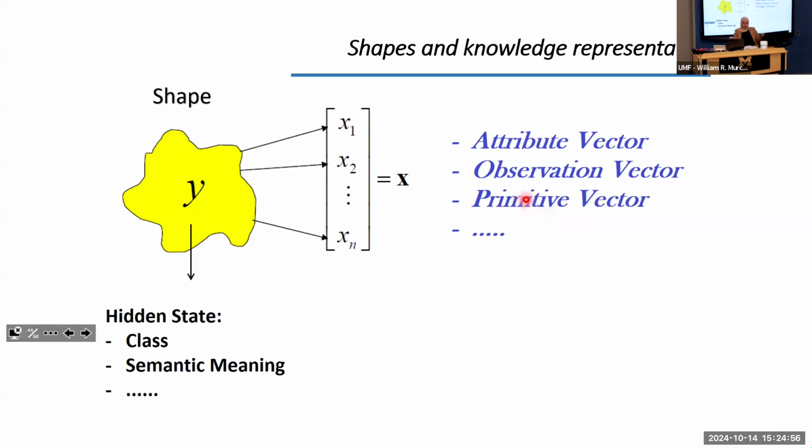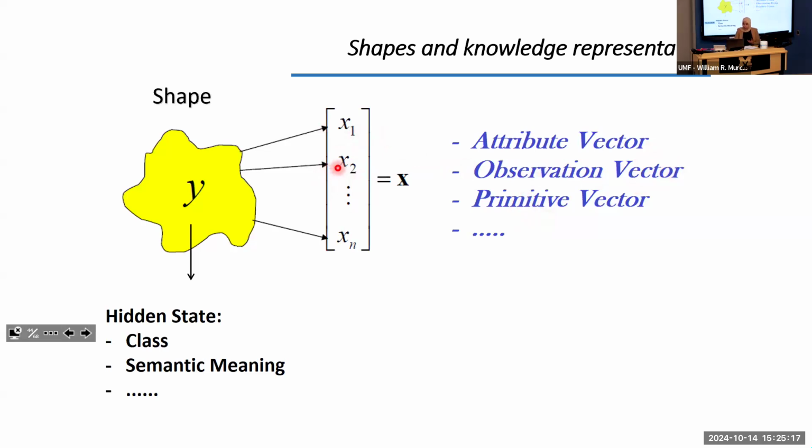So here we come back to the same point from where we started. There are different names for the same thing. Someone calls it the vector of features, sometimes the vector of attributes, sometimes the vector of primitives, someone the vector of observations.